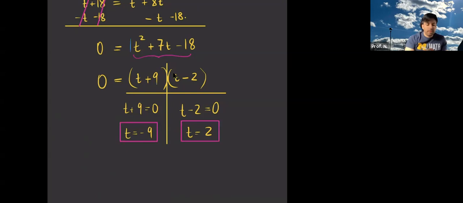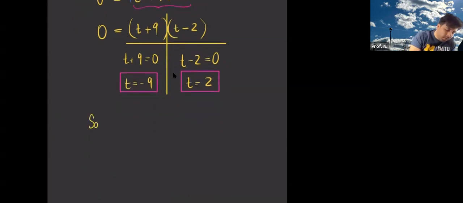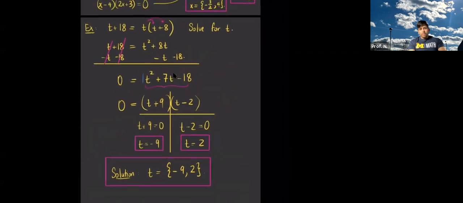So I solve for t. And then what are my solutions then? T is equal to negative 9 comma 2. And that's my solution.